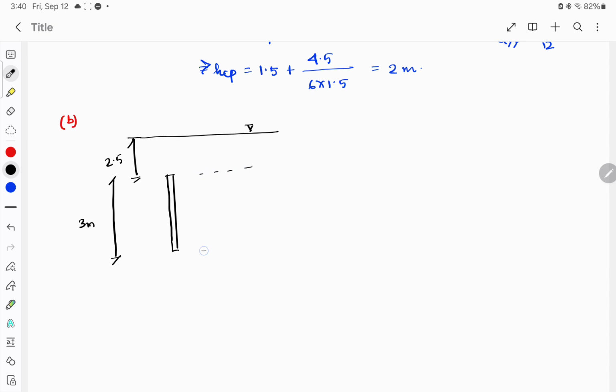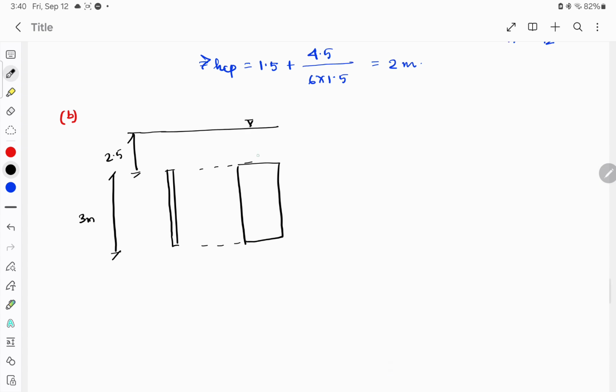If you look at it from the side view, it will be like this. This is 2 meter and this is 3 meter. Now if I ask you what is the distance of h bar, you will say this is the distance of h bar, the center of gravity.